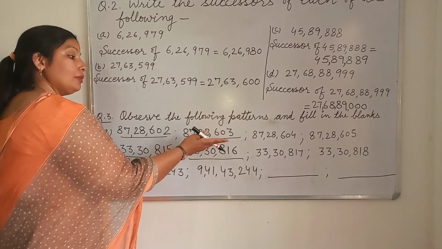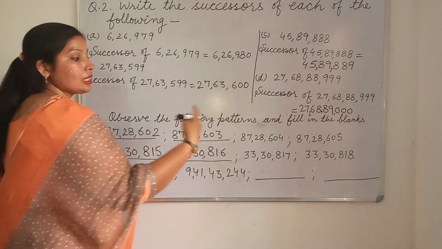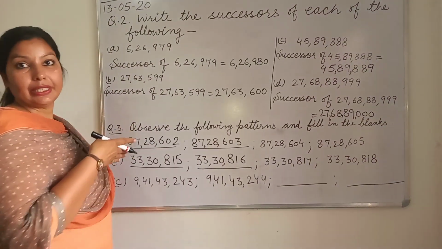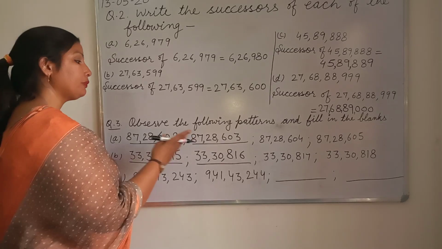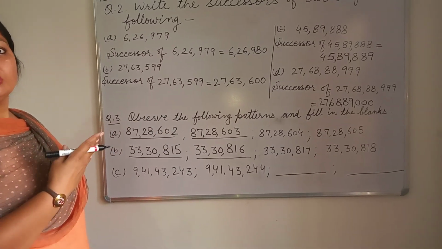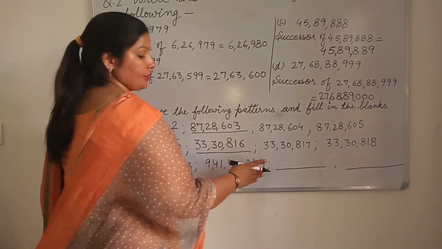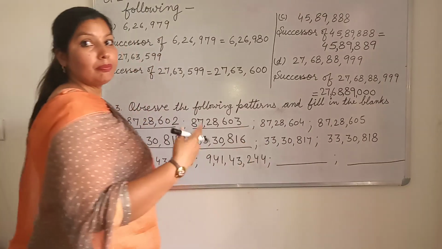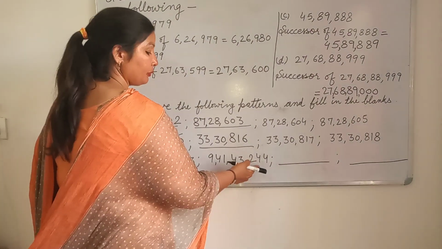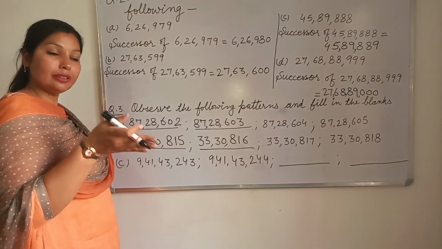Here we have to fill the numbers before. So what do we do? Minus, because the numbers are given later and we have to fill the numbers before. When we find the before number, before means predecessor, so for that we do minus, and in this we have to write the successor, so for that we will do plus. Okay. So 43, then here is 44. So 44 plus 1 becomes 45.